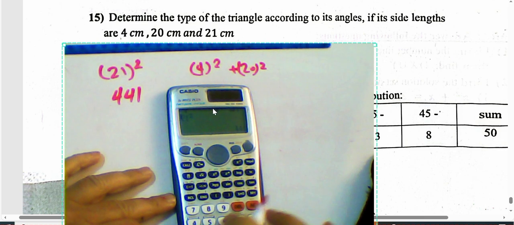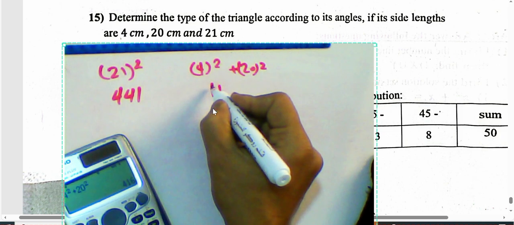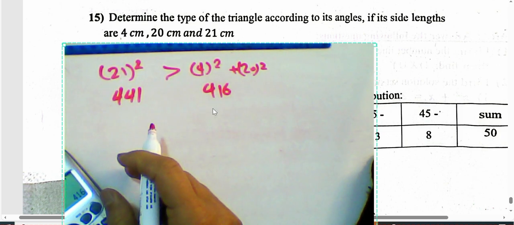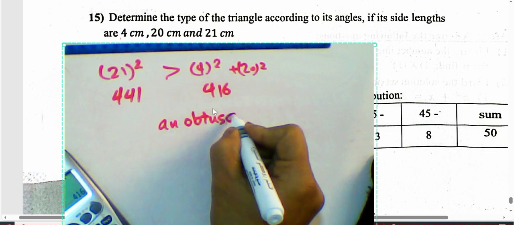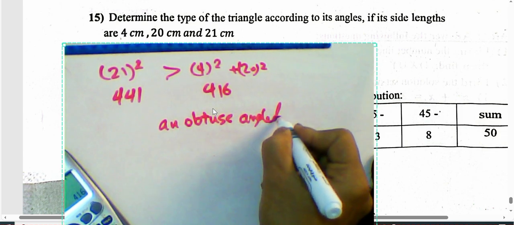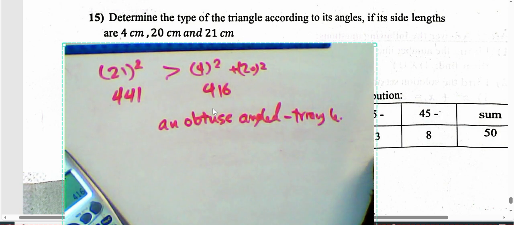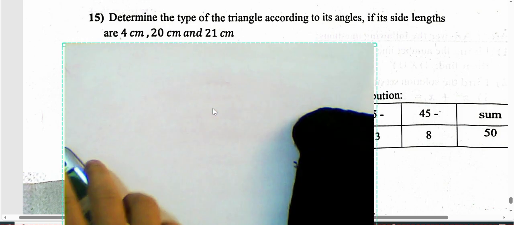And 4 power 2 plus 20 power 2 will be 416. The number is greater, so this triangle we call an obtuse angle triangle. An obtuse angle triangle, okay? Next question.